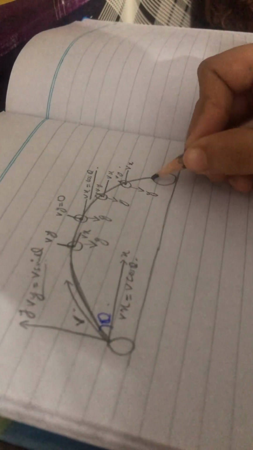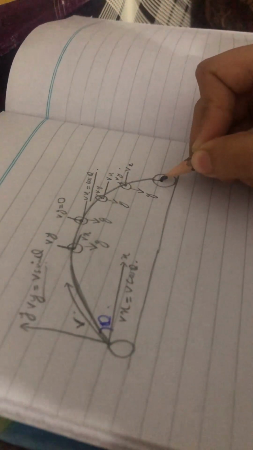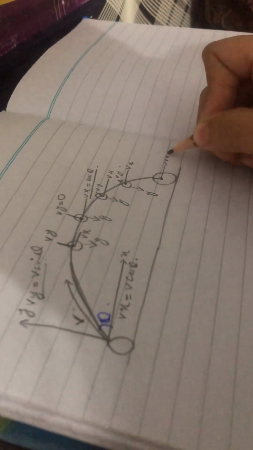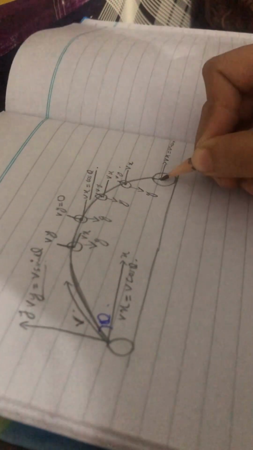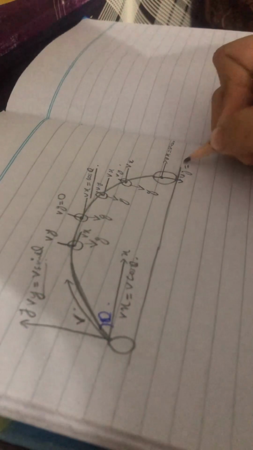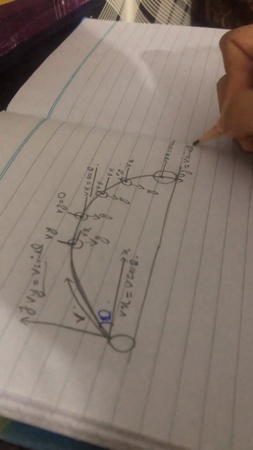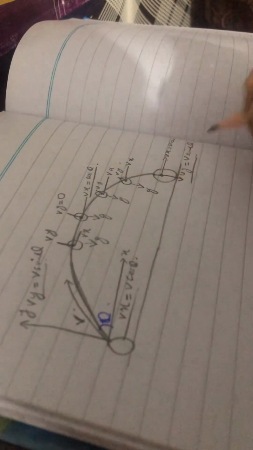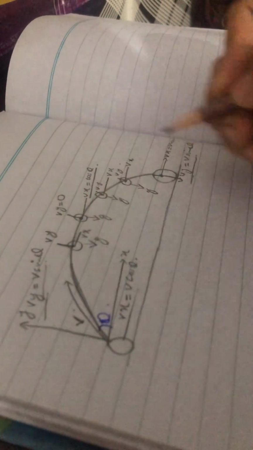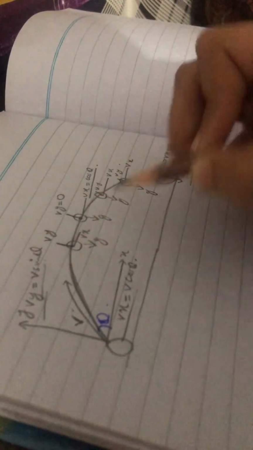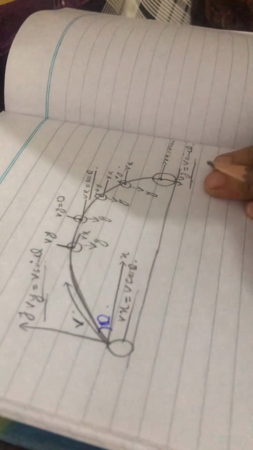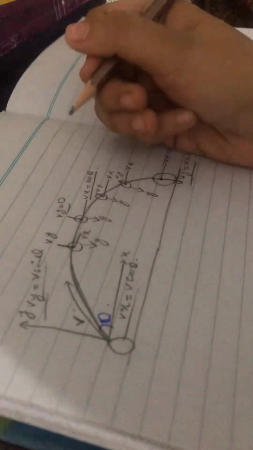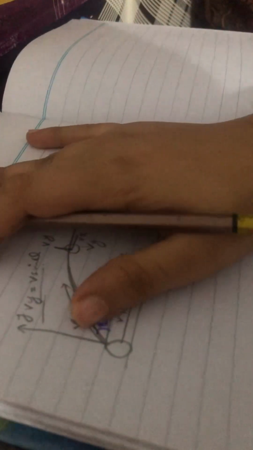Here Vx is equal to V cos theta, and Vy is equal to V sine theta. This Vy will be the same here and here, but not when it's moving upward and coming downward, and here it will be 0. So this we have discussed before.